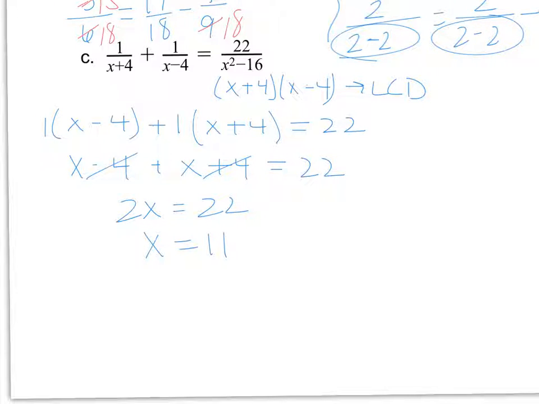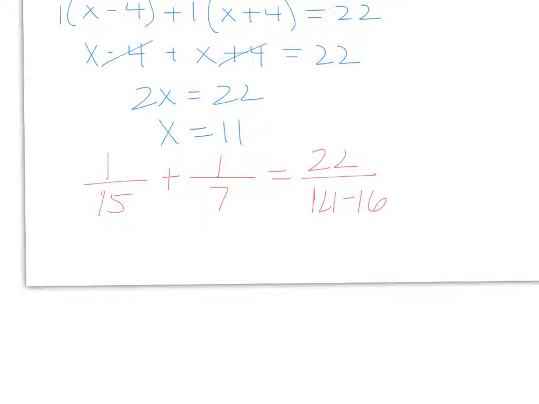Now let's just check and make sure that this works. So 1 over 11 plus 4 is 15, plus 1 over 11 minus 4 is 7, equals 22 over 121 minus 16. Okay.